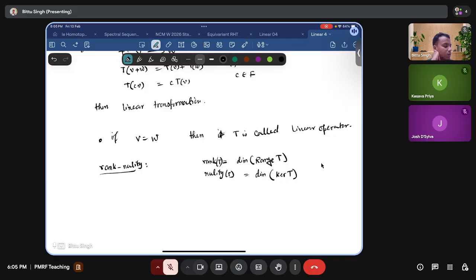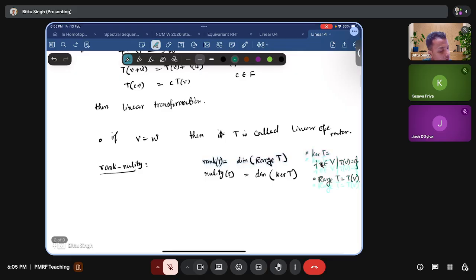So recall, what is the meaning of kernel? Kernel T consists of all vectors v belonging to V such that T(v) equals 0, and range T means simply T applied on V. That is the whole image. Okay, this is the definition.